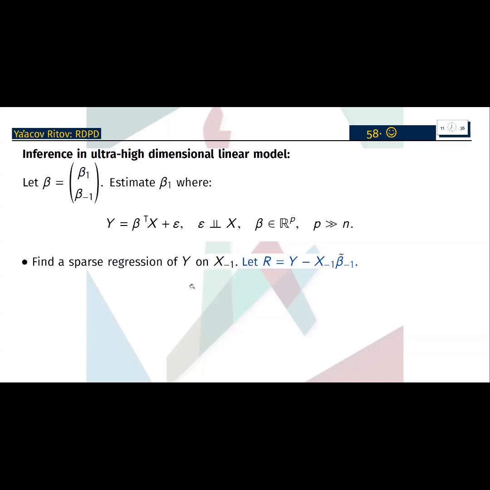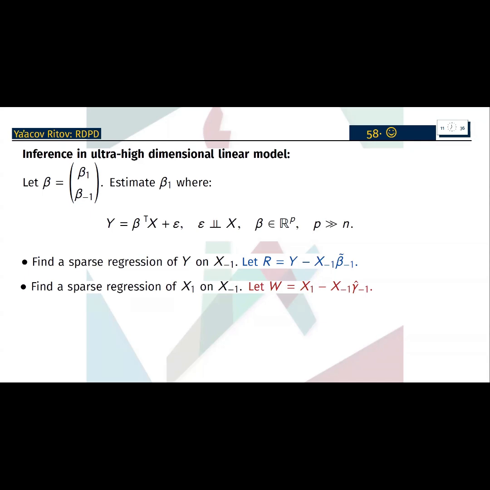And the solution, and there are different variations, but all are basically the same, because we have a single problem and a single solution: find the sparse regression of y on x minus 1. The regression must be sparse because the dimension is very high. And we can take the residual. So that's y on x minus 1, forgetting about x1. Then a sparse regression of x1, the variable that I have interest in, on x minus 1.